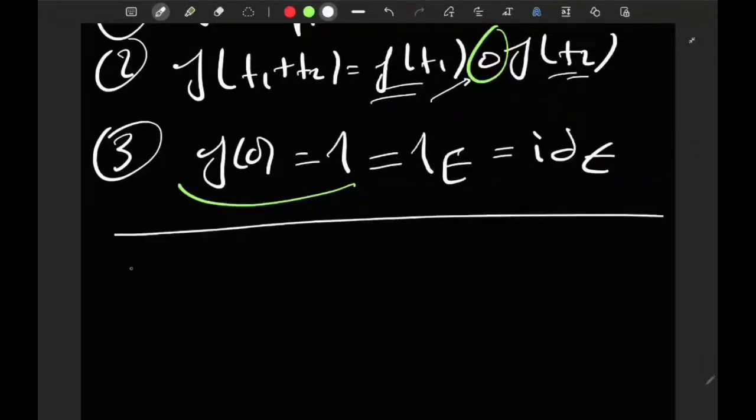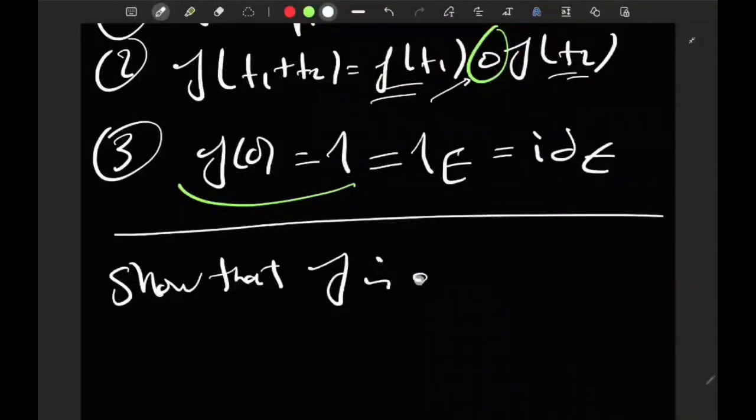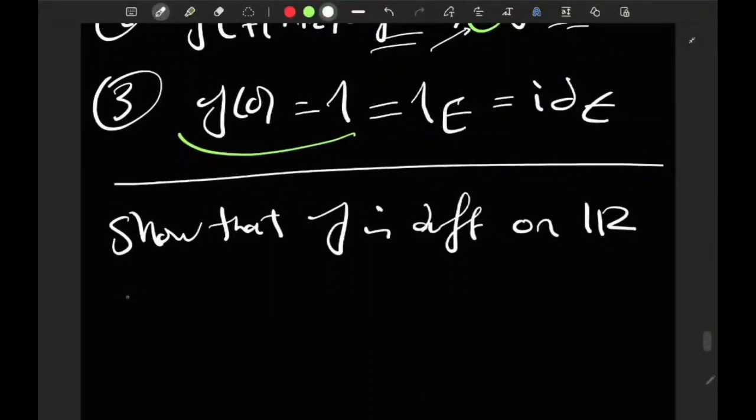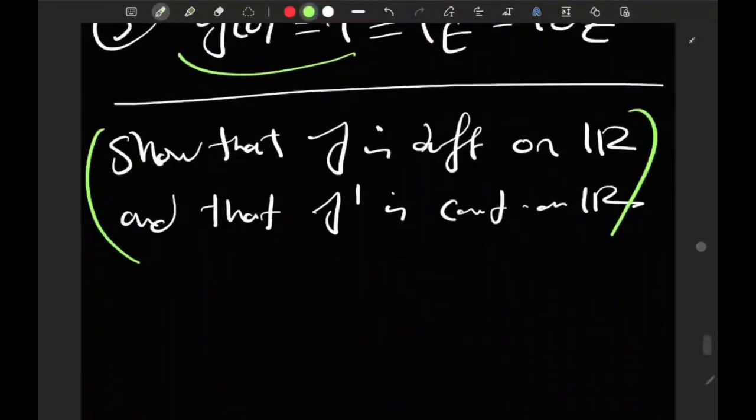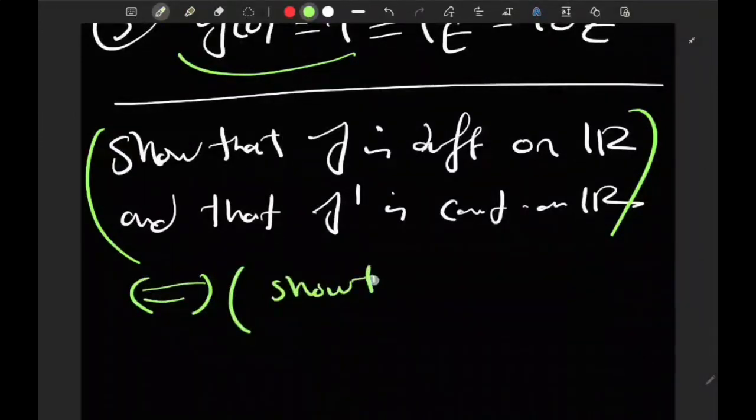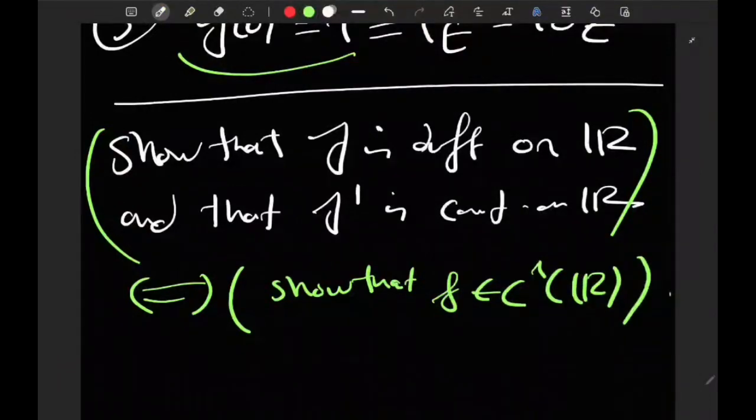Now we are asked to show that f is differentiable on R, so at every point in R, and that f prime is also continuous on R. In other words, this whole thing is the same as saying, show that f is of class C1 on R.